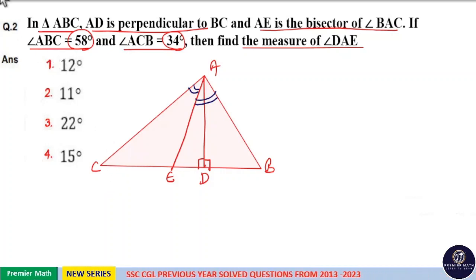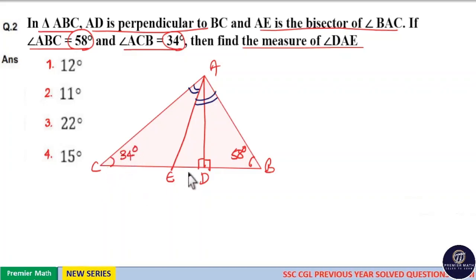Now angle ABC equal to 58 degree. ABC means this angle, angle B equal to 58 degree. Angle ACB equal to 34 degree. That is, angle C is equal to 34 degree. Now we have to find out what is angle DAE.